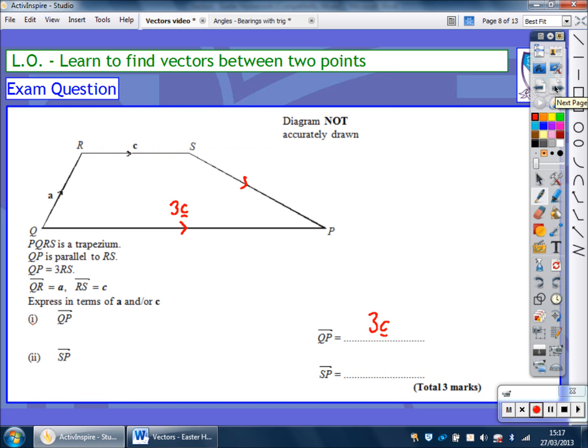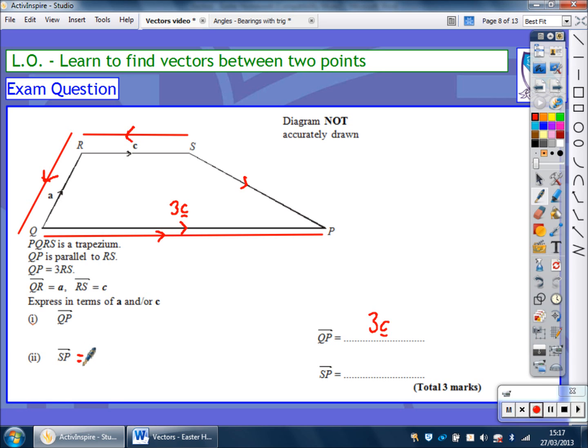So even though we can't go from S to P directly, we can go from S to R, we can go from R to Q, and then finally from Q to P. And we know what each of those vectors are, so we just have to add them all together.